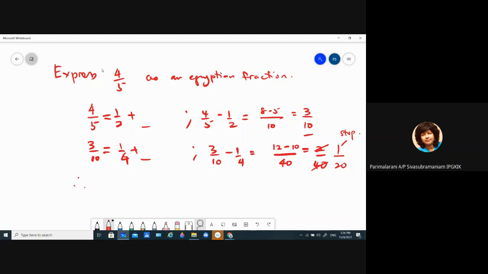So from here, we can see that 4 over 5 is 1 over 2 plus 3 over 10, or 1 over 4 plus 1 over 20. Therefore, 4 over 5 is equal to 1 over 2 plus 1 over 4 plus 1 over 20.